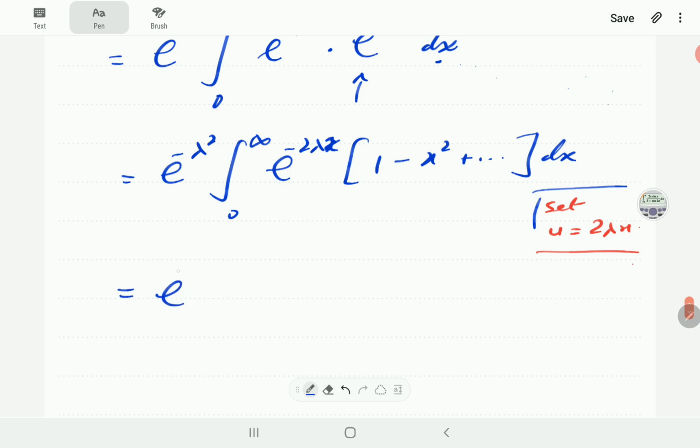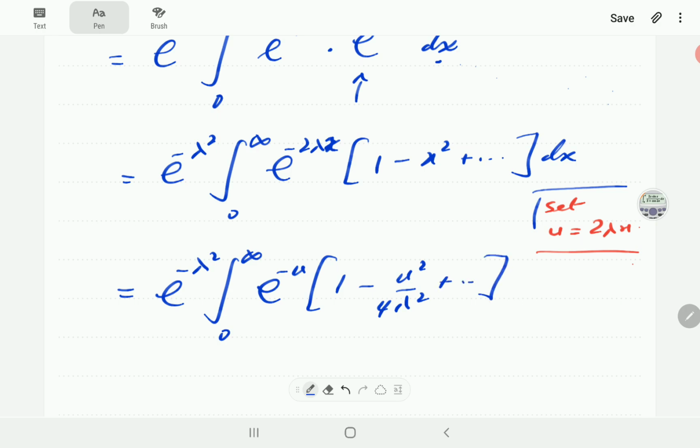So we're going to have e to the minus lambda squared, integral from 0 to infinity of e to the minus u, 1 minus u squared over 4 lambda squared, because of that term 2, and this is going to be du over 2 lambda.